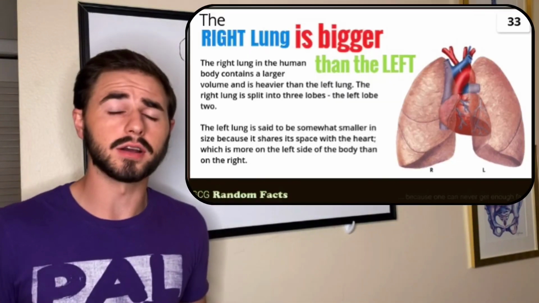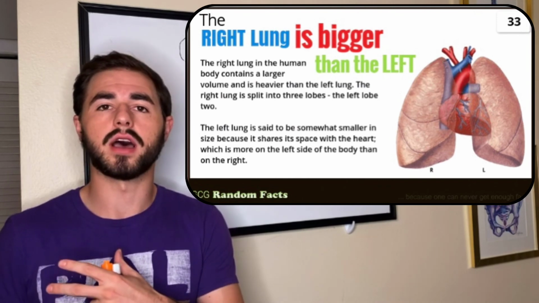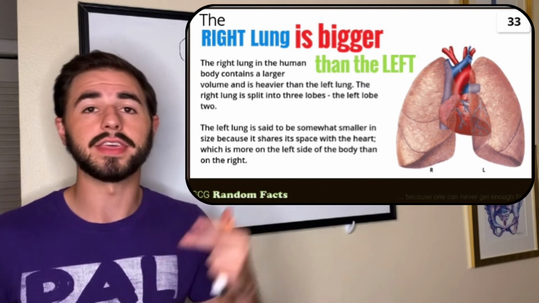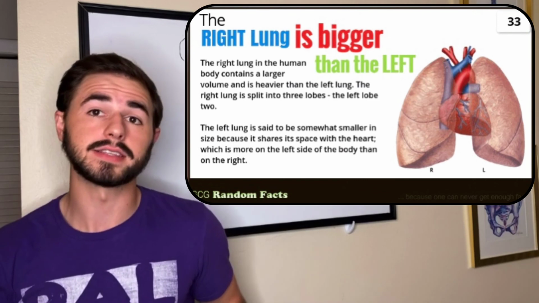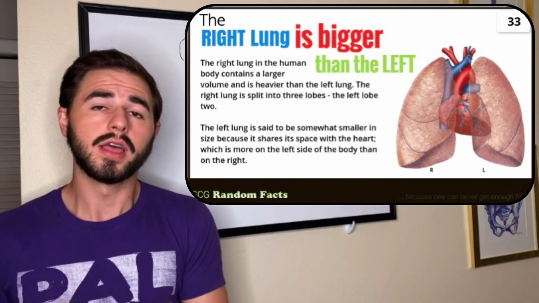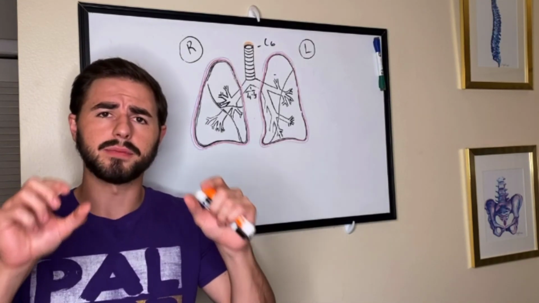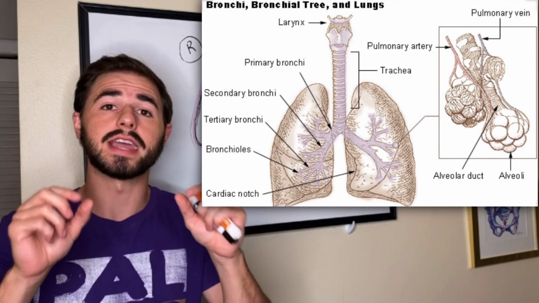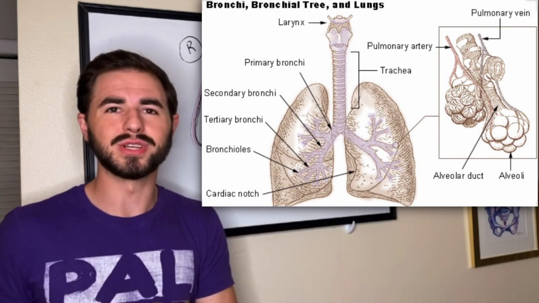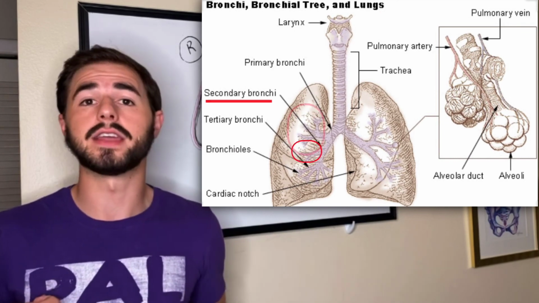The right lung is actually bigger. It's shorter and wider than the left lung. But the left lung is smaller, more narrow, and taller than the right lung. Some other things you need to know: after the bifurcation, the primary bronchus then bifurcates again. In the right, if there are 3 lobes, would it make sense that it bifurcates into 3 secondary segments?